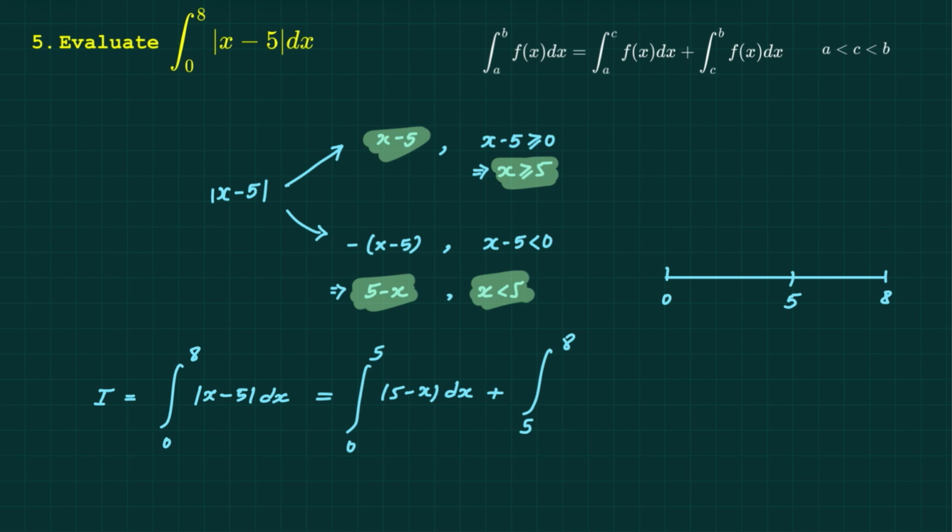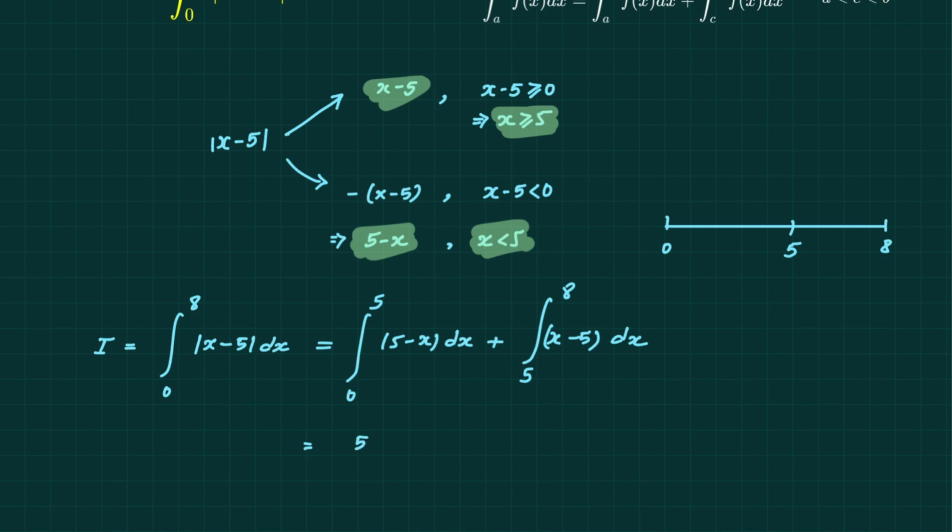So here the function will be x minus 5 dx. So this equals integration of 5 is 5x, integration of x is x squared by 2, and our limit is from 0 to 5, plus integration of x is x squared by 2 minus integration of 5 is 5x, and the limit is from 5 to 8.